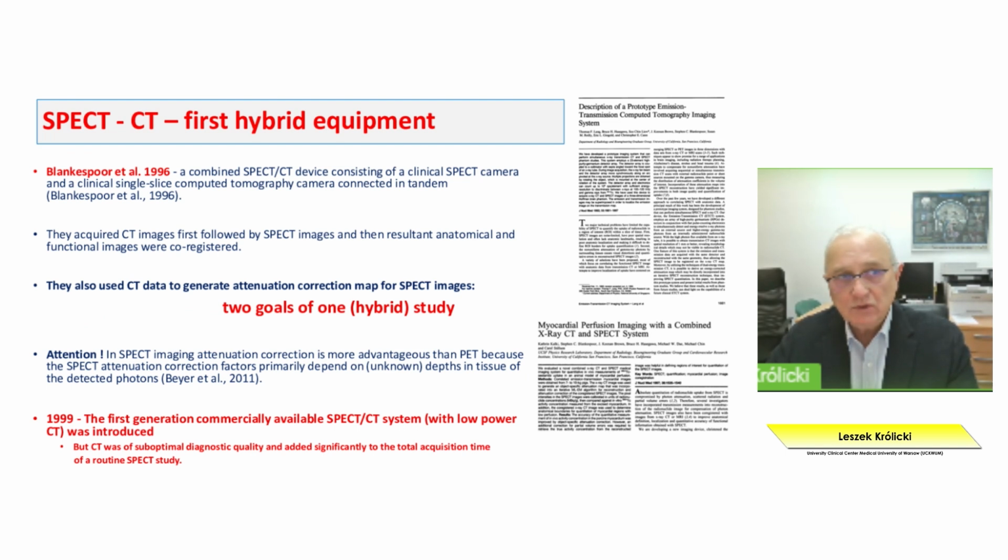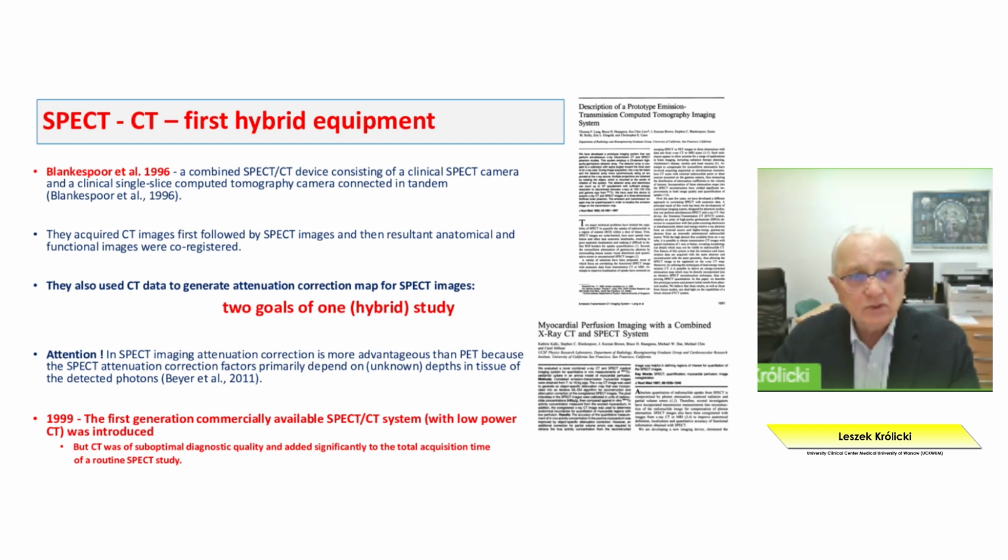The first devices used for hybrid imaging were the devices combining CT with SPECT gamma camera used for radioisotope exams. So Blank and Spohr's group announced the first studies on the use of this new idea.